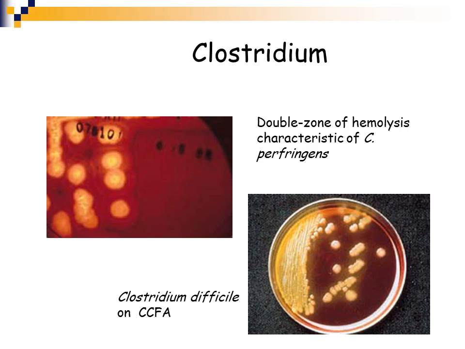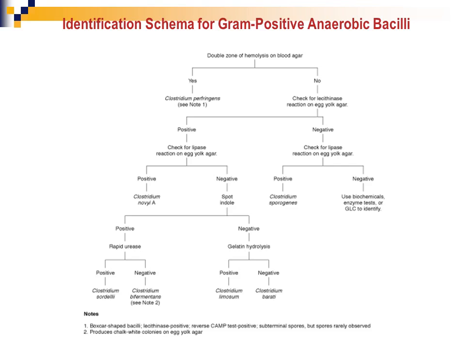On the right is Clostridium difficile on another specialized selective anaerobic media. And here's a flow chart for the gram-positive anaerobic bacilli. So does it have a double zone of hemolysis on a blood agar plate? If it does, it's likely Clostridium perfringens.